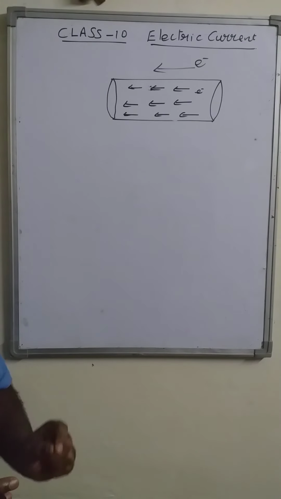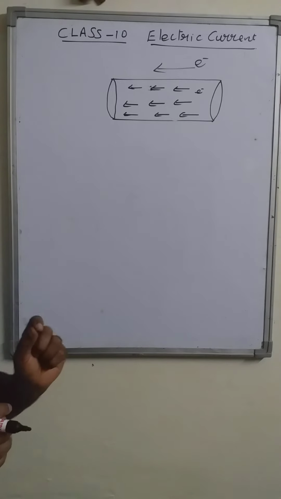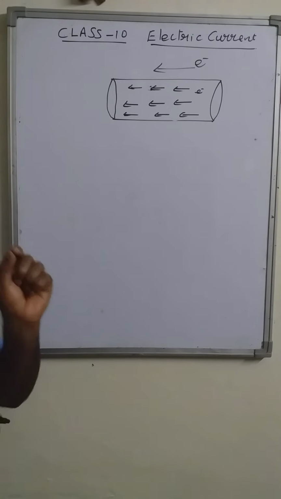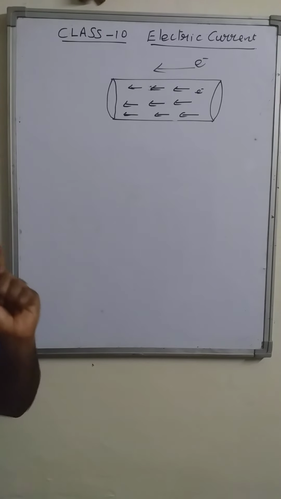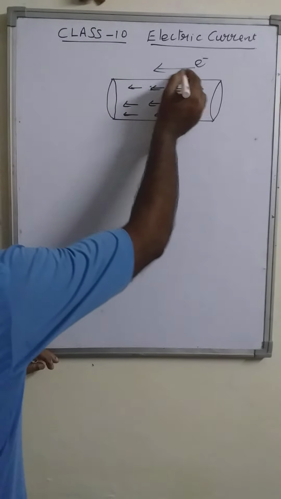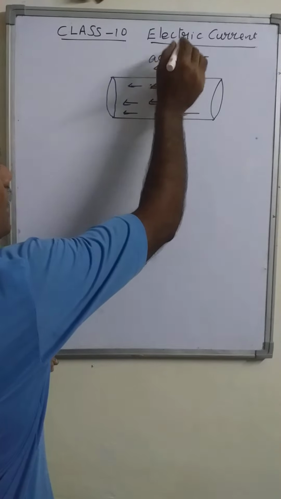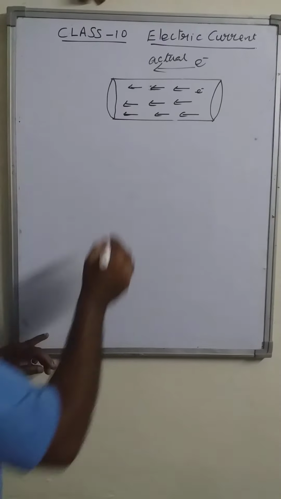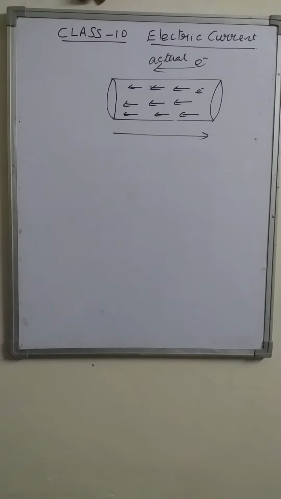That we call conventional current, means the current which flows in the opposite direction of flow of electrons. So this is the actual, but we give the direction of current from left to right.